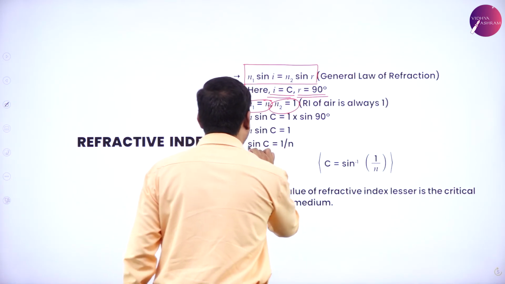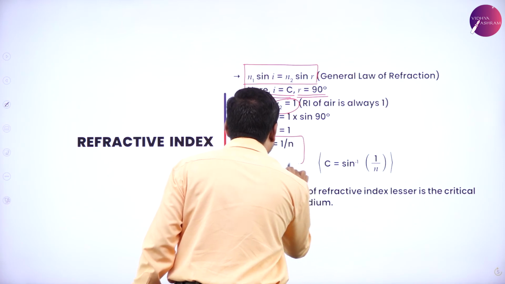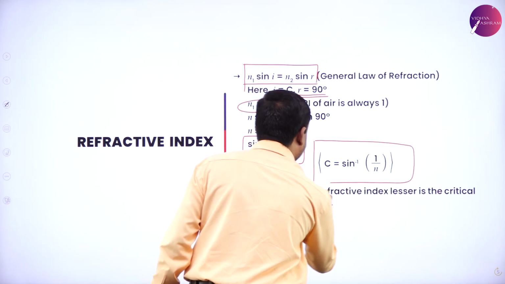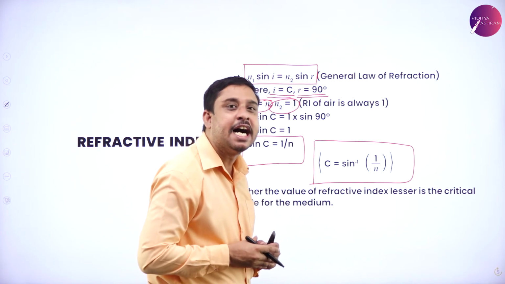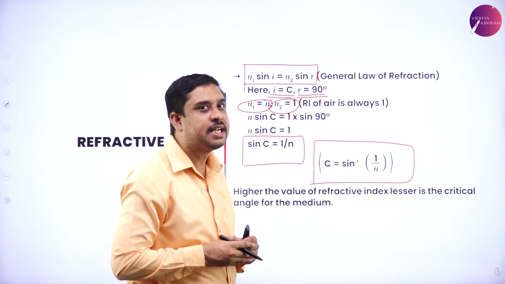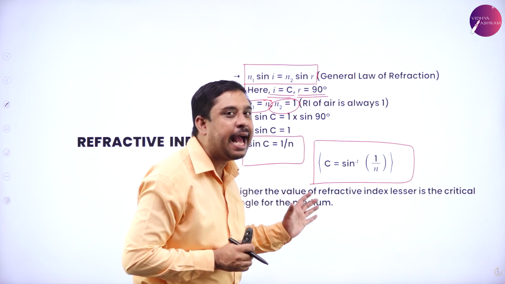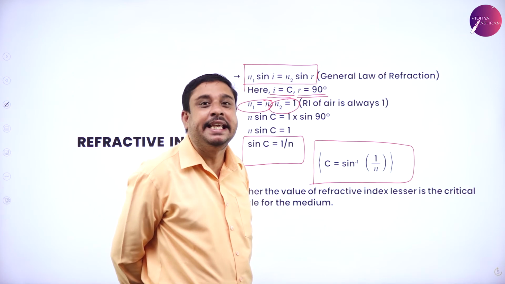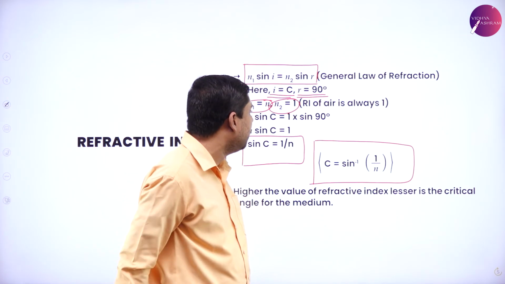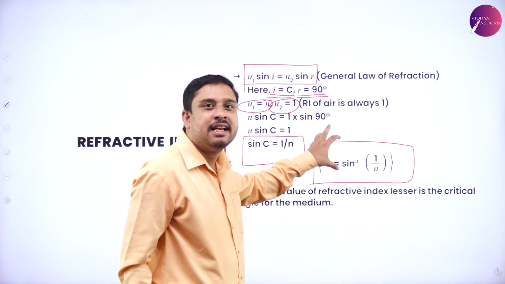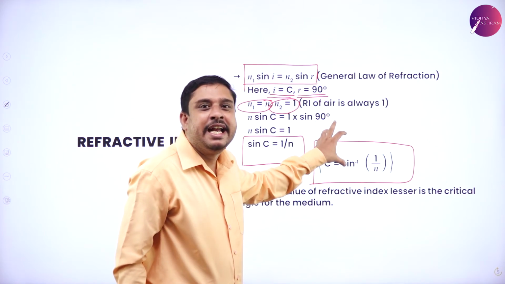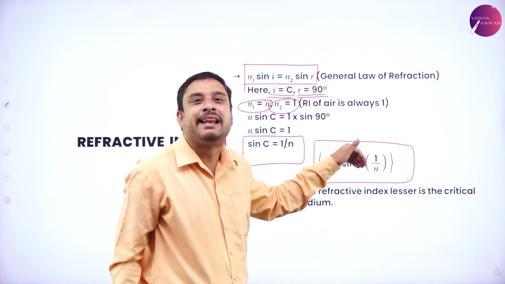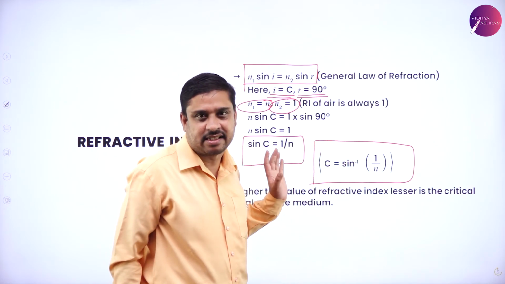On simplification, we get sin C is 1 by N, or C is sin inverse 1 by N. Please understand, critical angle is always equal to sin inverse 1 by N. As the refractive index of the medium increases, critical angle decreases.